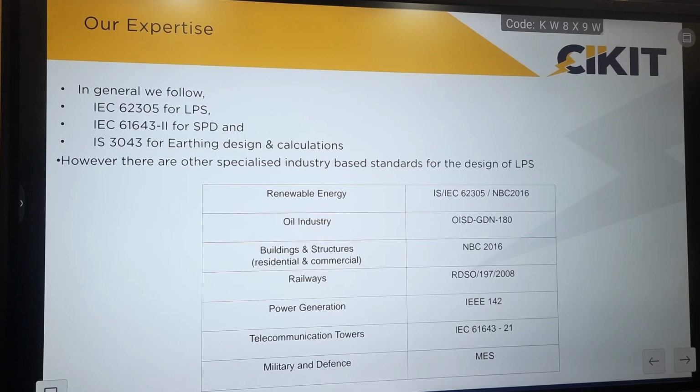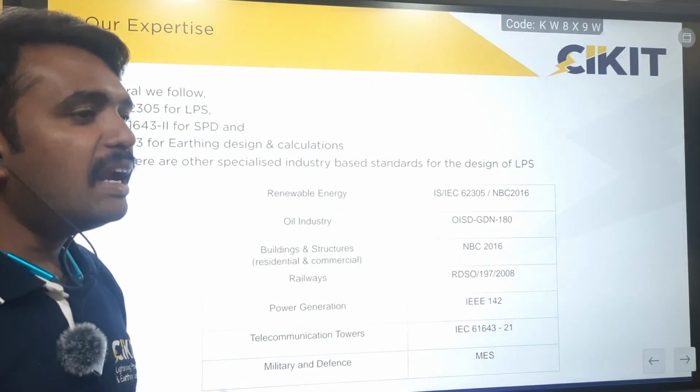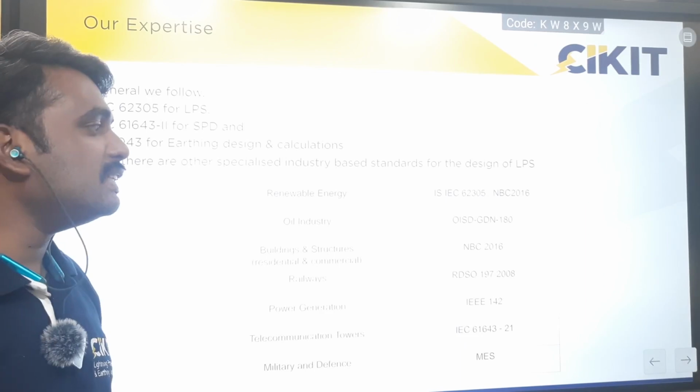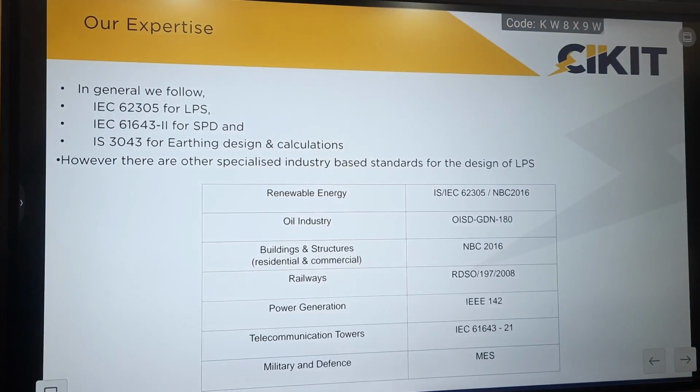For high-rise buildings, apart from lightning directly striking the top of the building, lightning may strike at the middle portion of the building as well. So we have to consider some special considerations while designing lightning protection systems for buildings above 60 meters, which are explained in detail in NBC 2016.